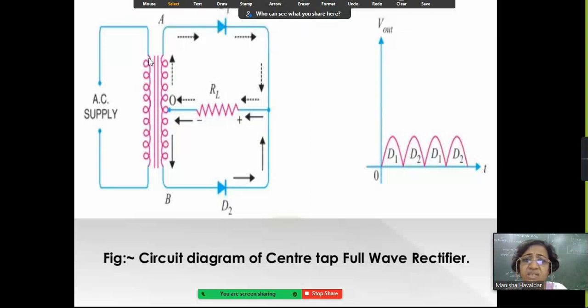Let it be. See this? Here in the next half cycle, suppose this A terminal is negative. This is positive. Over here I can draw it as positive.